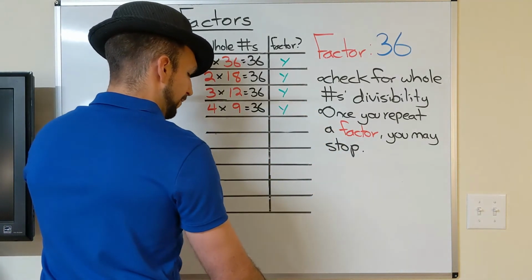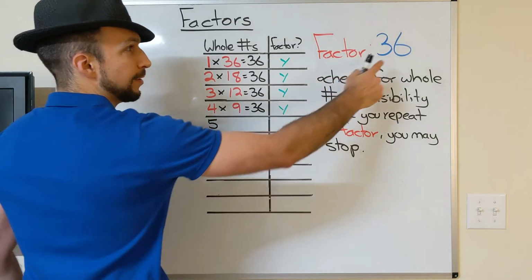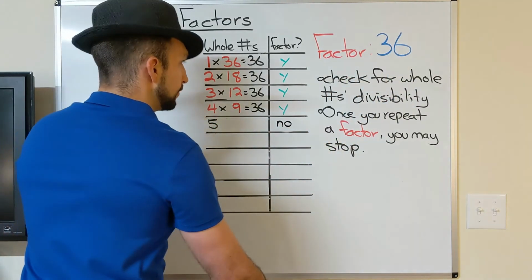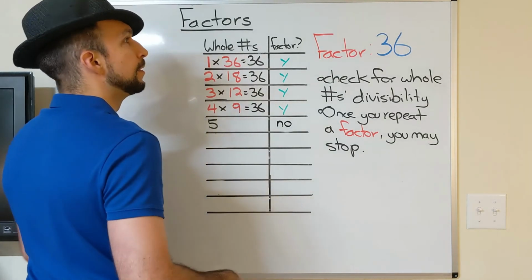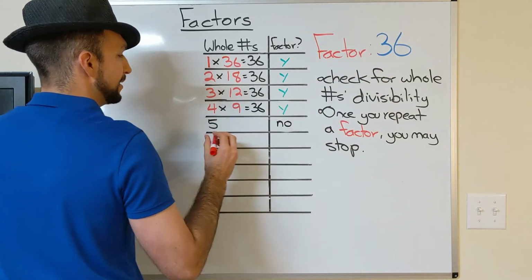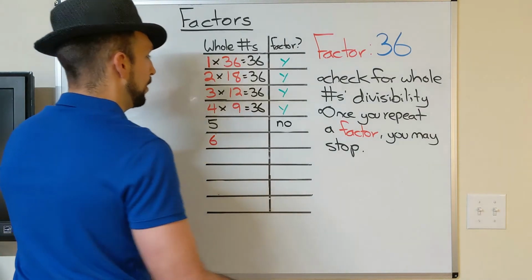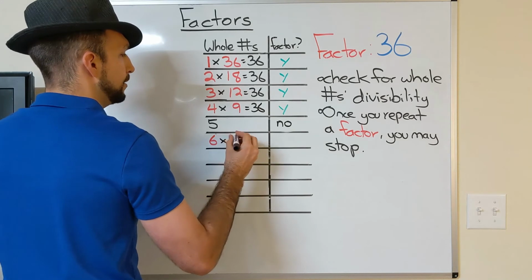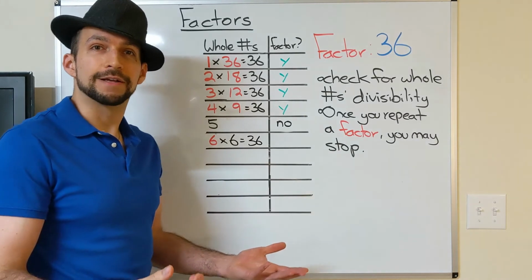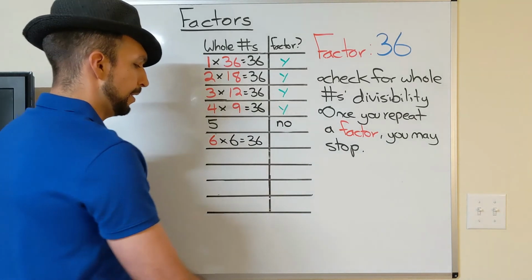But when we go to check 5, this certainly does not end in a 5 or a 0, so 5 will not be a factor. If we know our times tables, or just our perfect squares, we'll know that 36 is 6 times 6. I'm going to write 6 once in red because we know that is a factor, and we're done since we've repeated a factor. 6 times 6 is 36, and we found all the factors of 36.